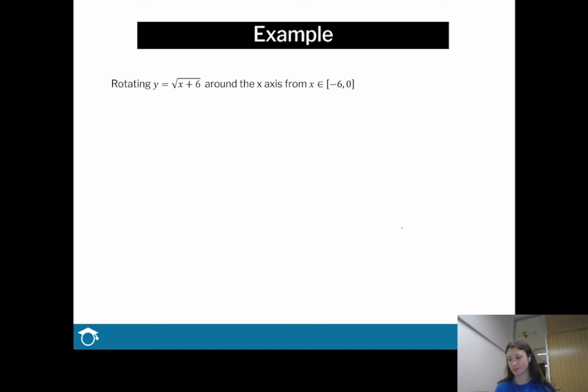So in this example, we are finding the volume of a solid rotated around the x-axis with y equals root x plus 6. So what we would need to do here is, using the formula, go V equals, we need to remember the pi out the front, pi. Our two limits are going to be negative 6 and 0.